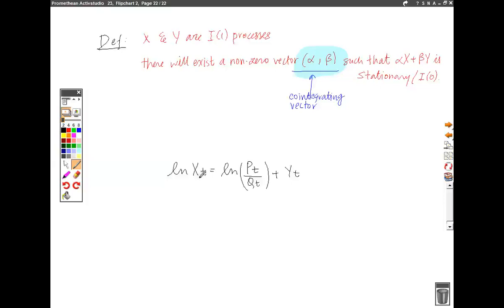So this is the dollar upon pound exchange rate, and pt and qt are just the consumer price indices for US and UK. So pt is the consumer price index for US, and qt is the CPI for UK.